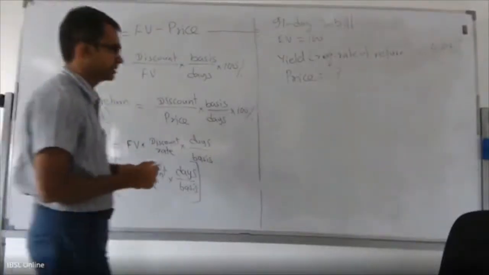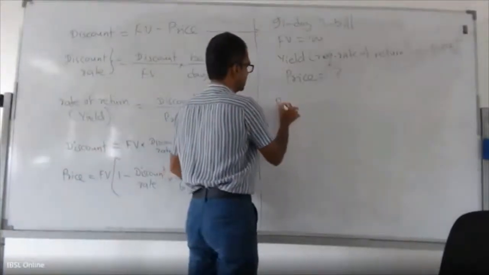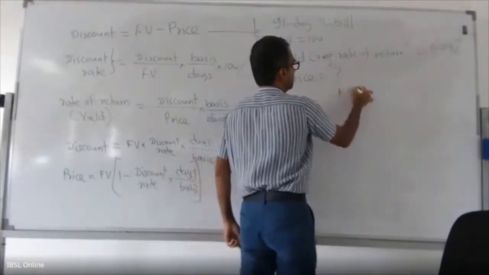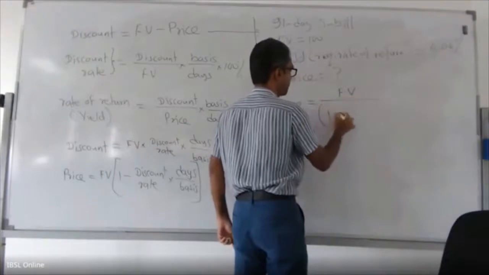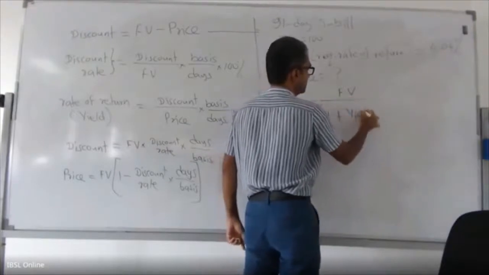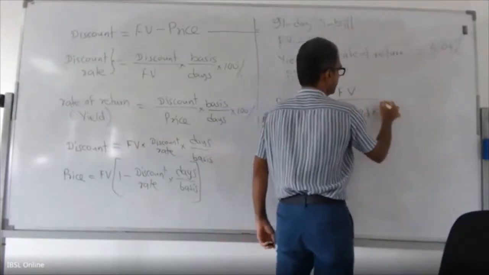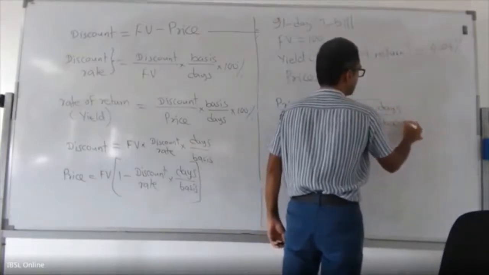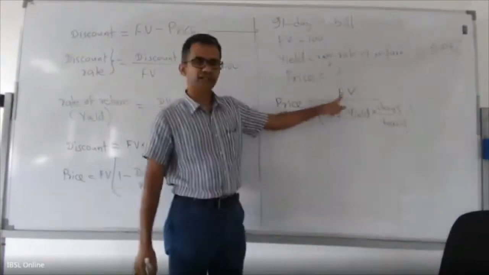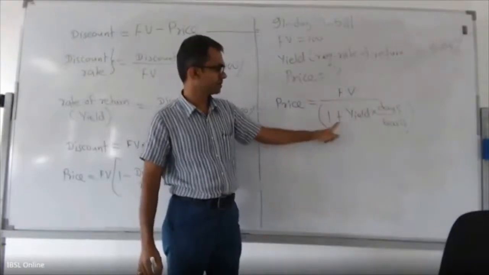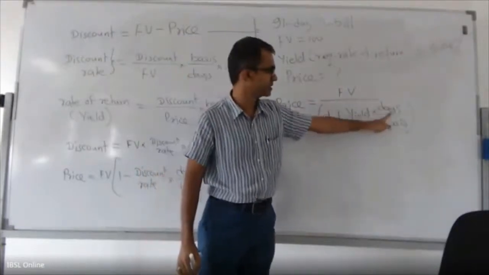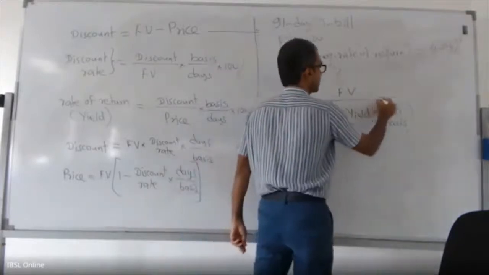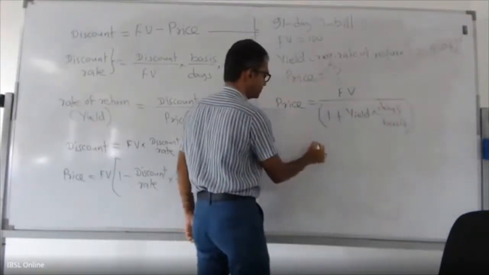We can use that equation. Price equals face value divided by 1 plus yield into days divided by basis. What is the face value?